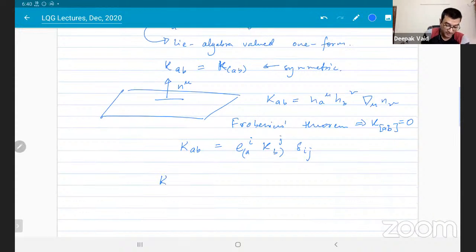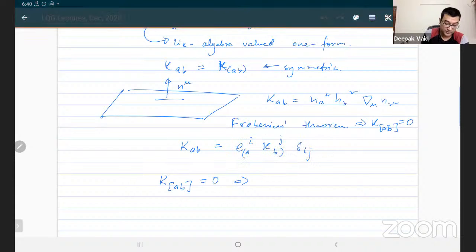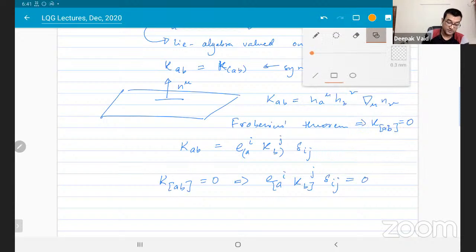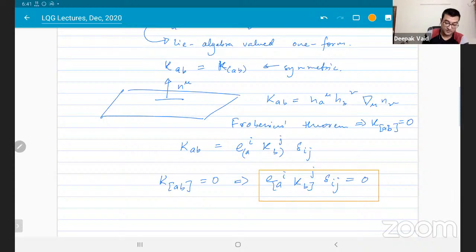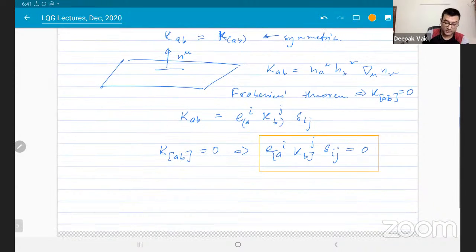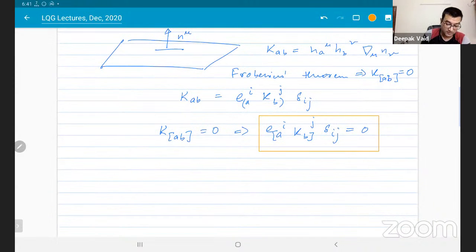And now the fact that KAB is symmetric means that if I take the antisymmetric part of this equation, which is E I K B J delta IJ, this has to be equal to 0. So this is a constraint on this extrinsic curvature one form. And I will write this constraint as GAB is equal to 0.